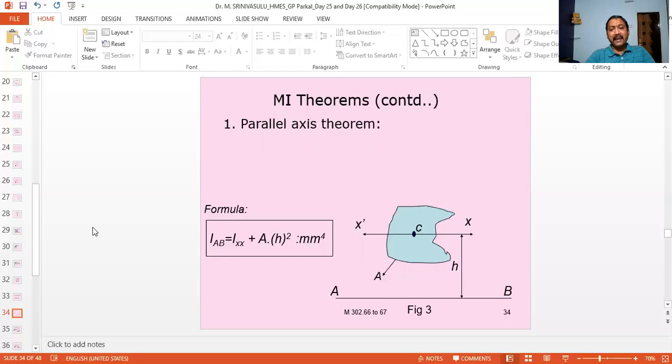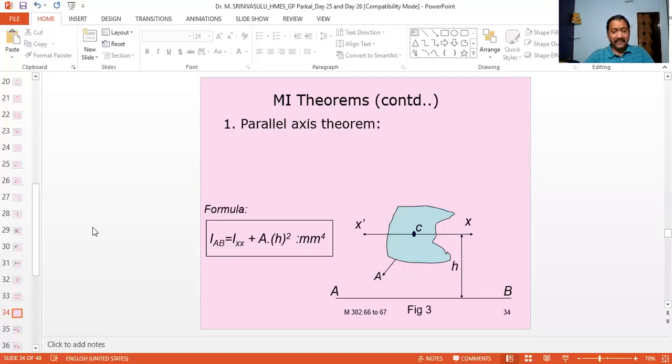So the parallel axis theorem is intended to find out the moment of inertia about any axis which is parallel to its central axis and having some distance between the two.